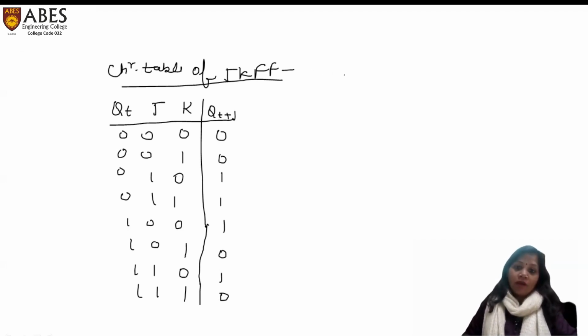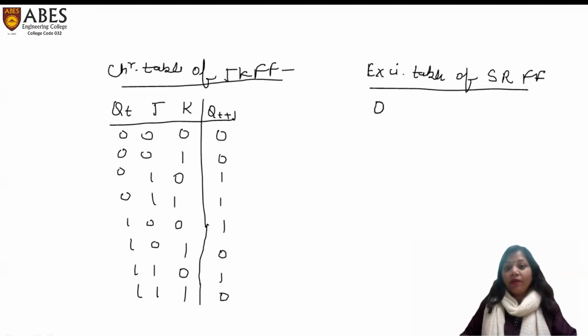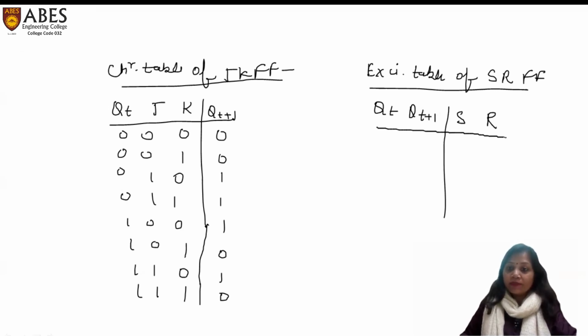Now we have to draw the excitation table of the given flip-flop, that means the SR flip-flop. In the excitation table, we have Qt and Qt plus 1 on the input side and inputs S and R on the output side.